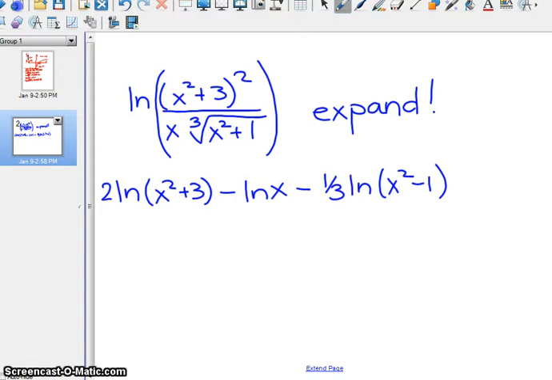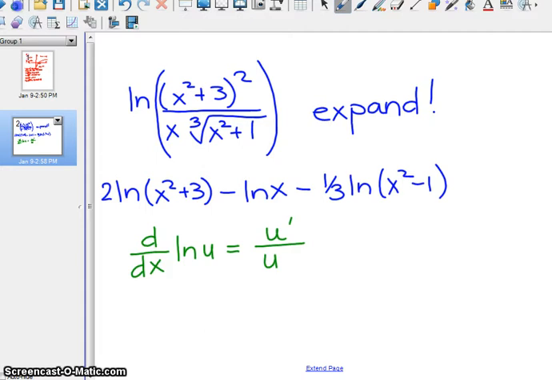Now, the reason why you want to be able to expand these is because of the derivative rule. The derivative of the natural log of u is equal to u prime over u.